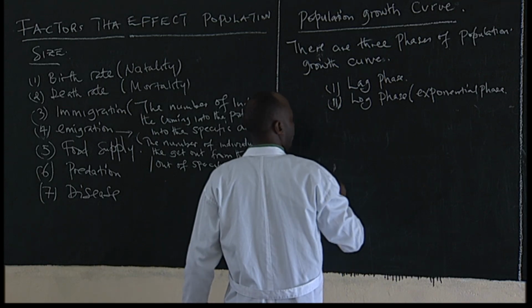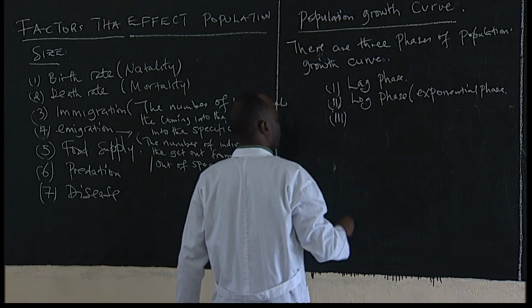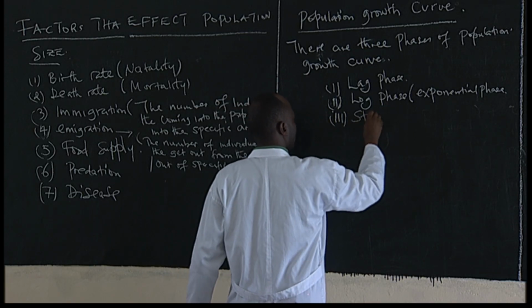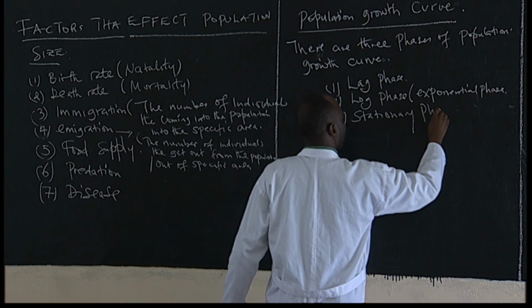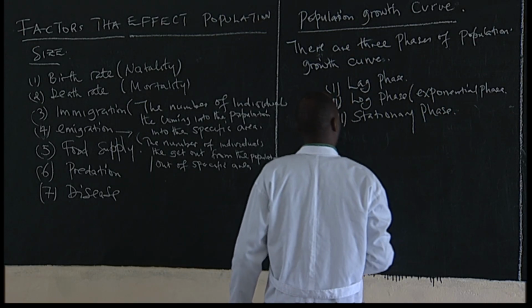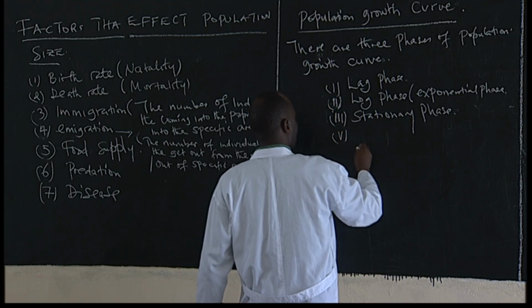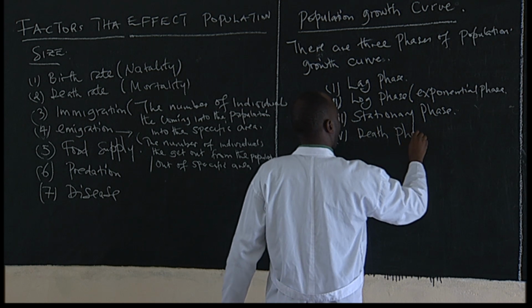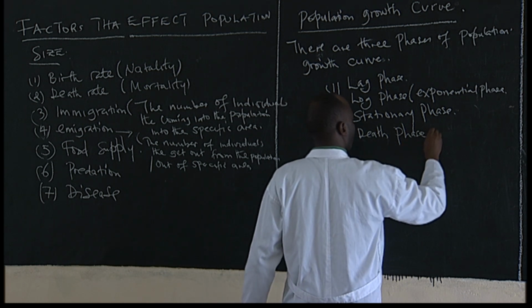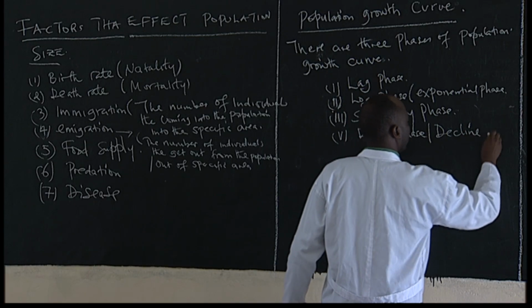The third phase is the stationary phase. We also have number 4, which is not very common, which is the death phase, or we call it the decline phase.